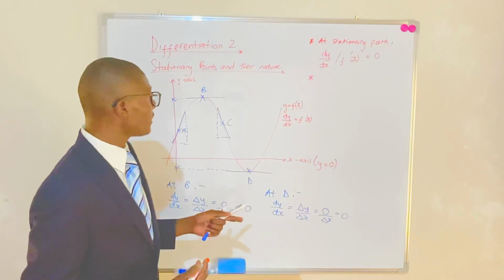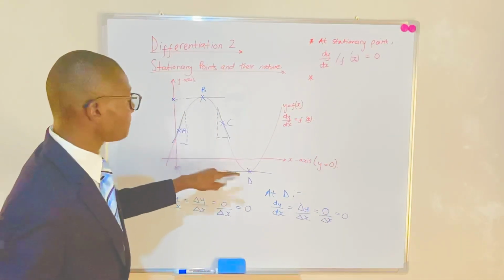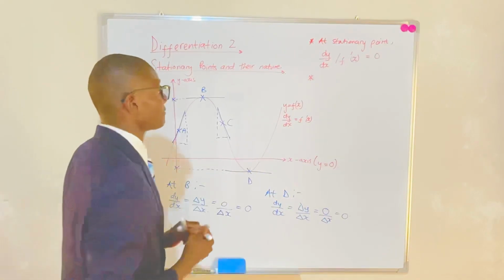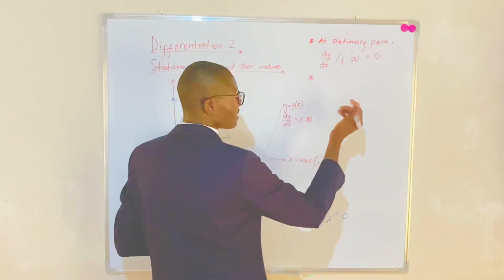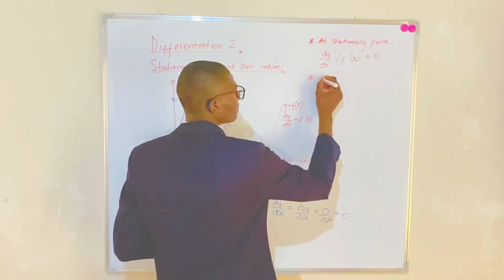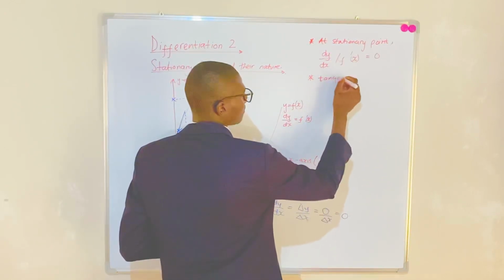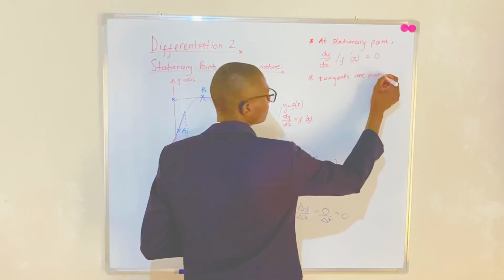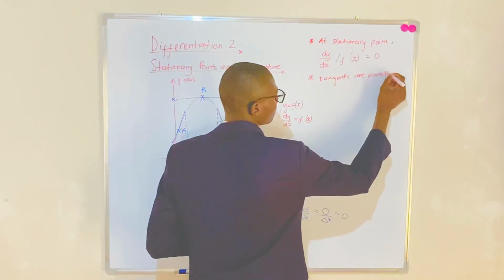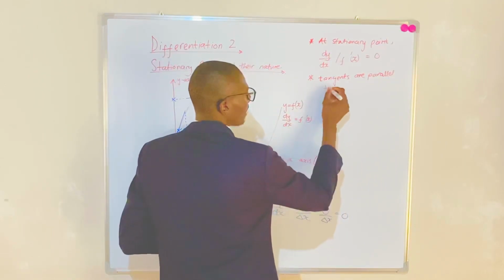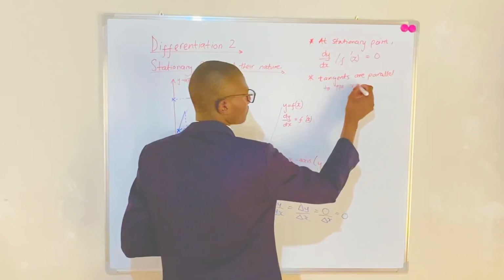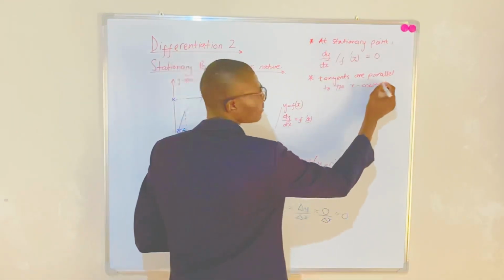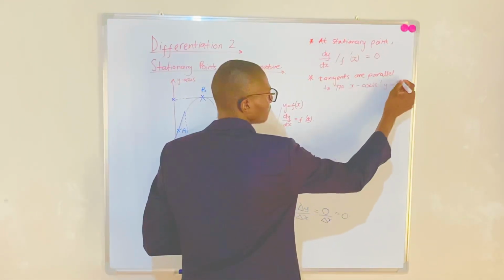We can conclude that the tangents at the stationary point are parallel to the x-axis, which we said is also the line y is equal to 0.